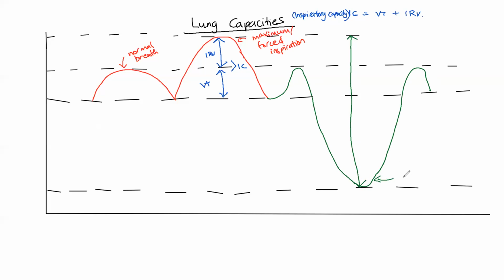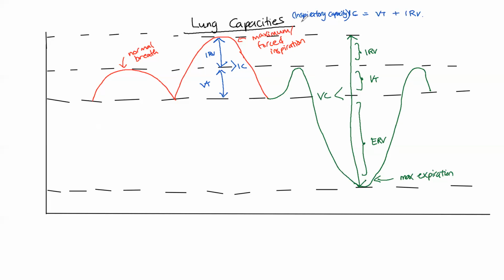So this is max expiration. And so we're including our inspiratory reserve, we're including our tidal volume, and we're also including our expiratory reserve, right? So all of that, all three of these volumes is our vital capacity.